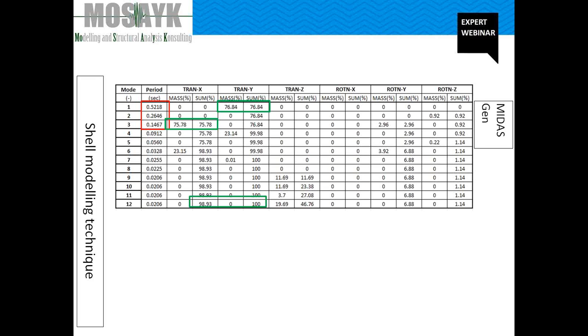This means that the shell model is more rigid than the beam model, and that's fully true, because the higher the degree of the discretization, the more rigid the model. From beam to shell to brick, the more rigid the numerical model.